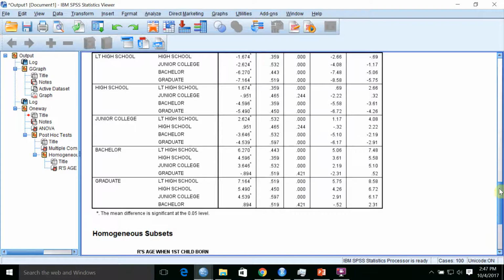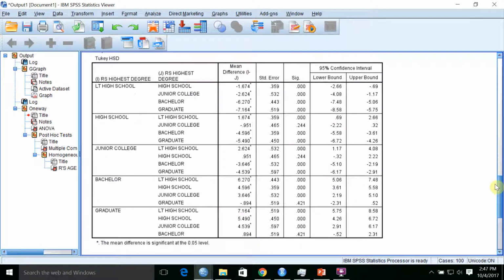So in conclusion, there's a lot of difference here based on degree, and that makes a lot of sense. The decision of when to have kids is intimately related to people's decision of how long they can put it off to go and invest in their higher education.